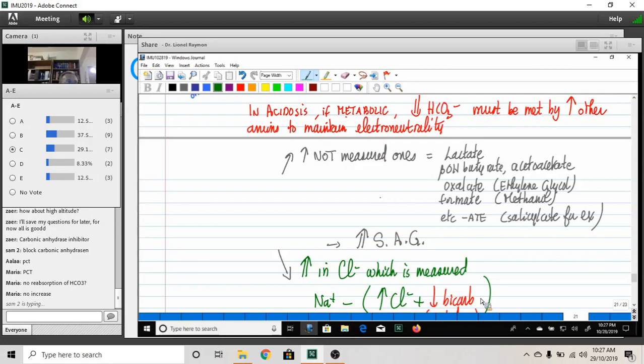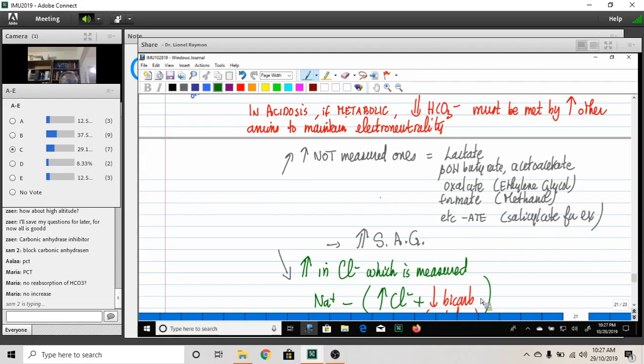Okay. So now let's make a proximal tubule. So this is a proximal convoluted tubule, and this is the PCT cell. And of course, on the basolateral side, fueling all the transport is sodium, potassium, ATPase.